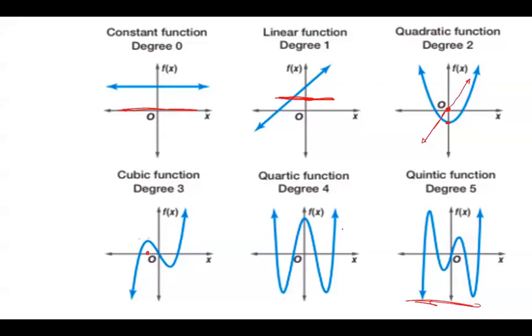Since there was a maximum point here, the derivative must be 0 at this point. And similarly, the derivative must be 0 at this point also, and so on. So let's see what happens before this point. This is because we know for sure the derivative must be 0 at the maximum point.